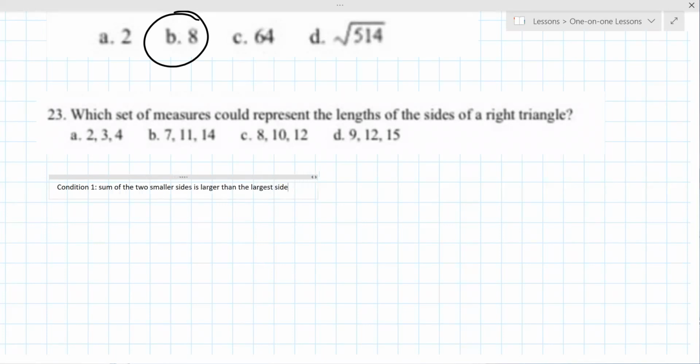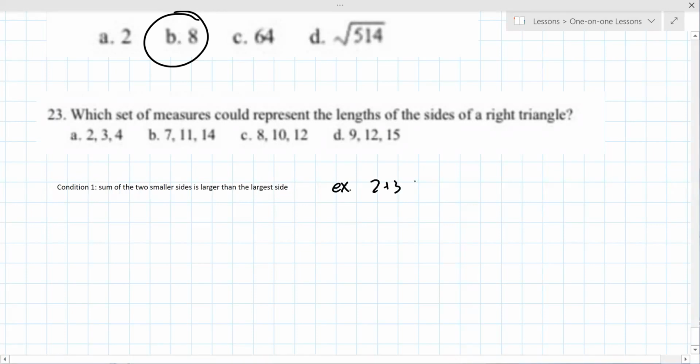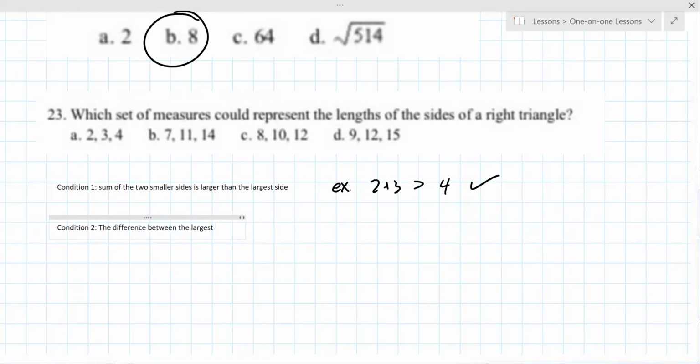So for example, 2 plus 3 has to be greater than 4. Condition 2, the difference between the largest and medium side is smaller than the smallest side.